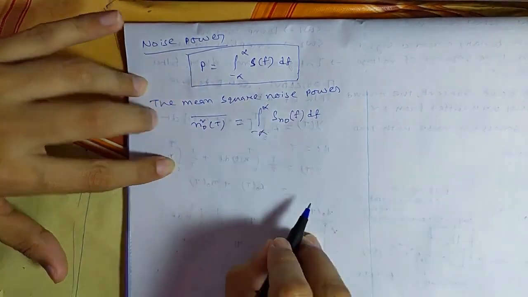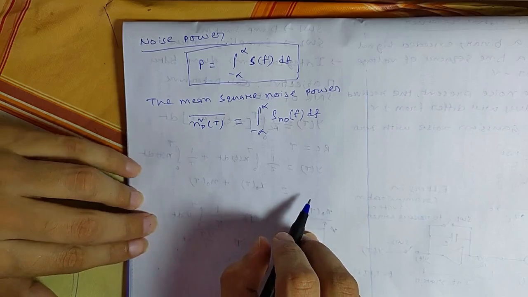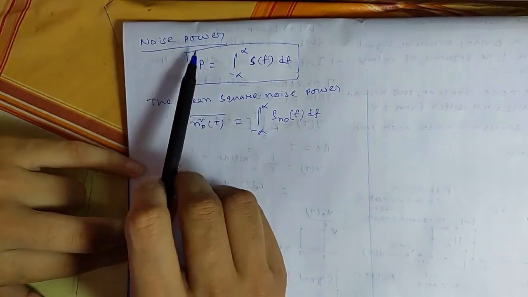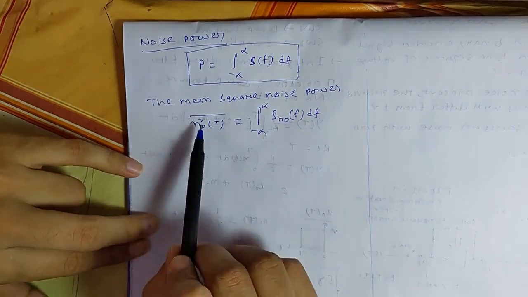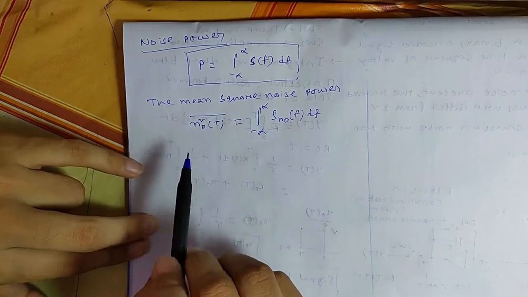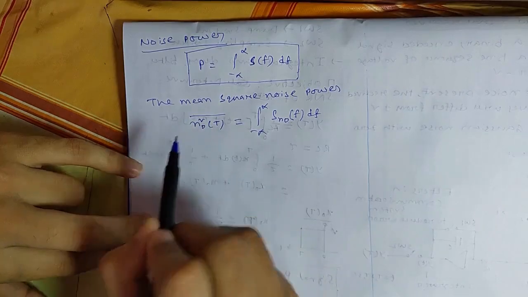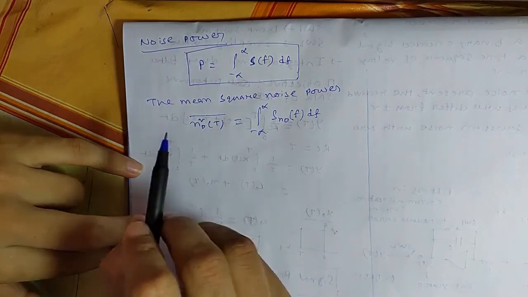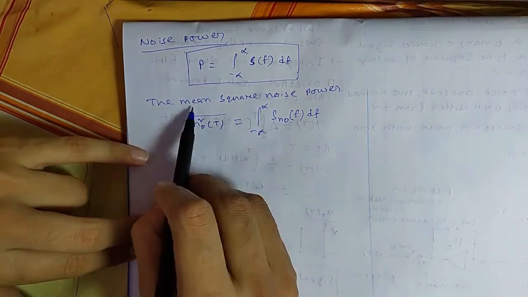So that we need to determine for the noise power, similar to this expression for our noise. Here n0(t) was the sample value of the noise, and n0 square(t) is the mean square value of the noise, the mean square noise power.